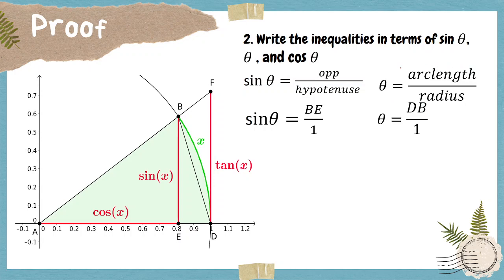So, arc length BD over 1 is just equal to DB itself, or just equal to theta itself. However, how are we going to write the inequalities in terms of cosine theta? Now, this is cosine x, not cosine theta. You are being confused with this one. So, let's try to solve this one.